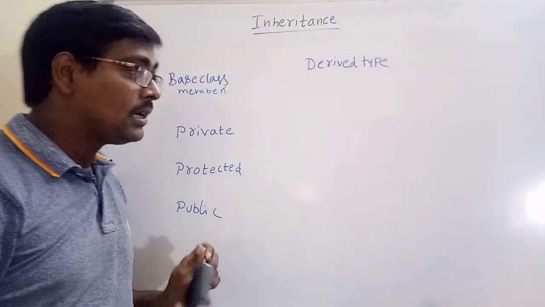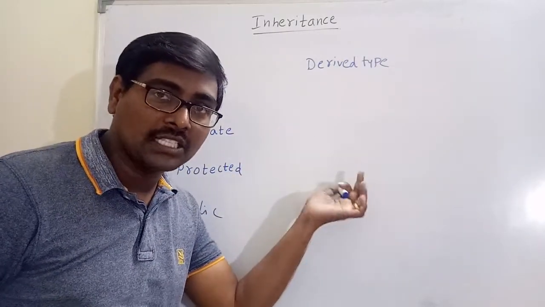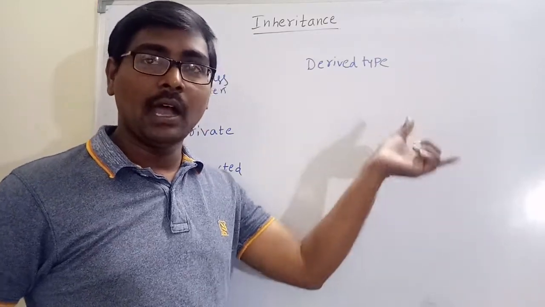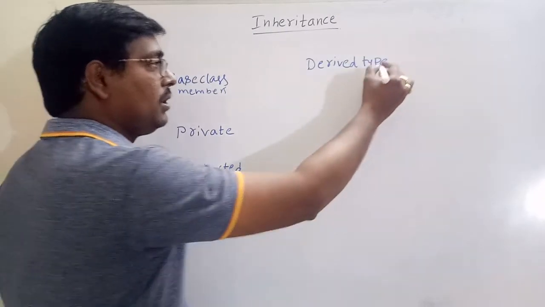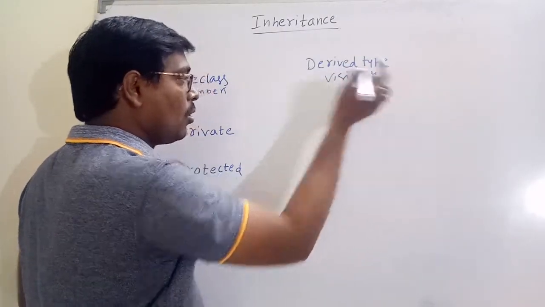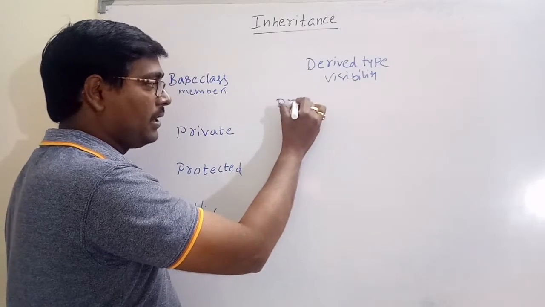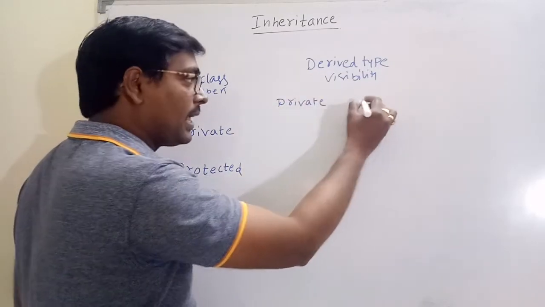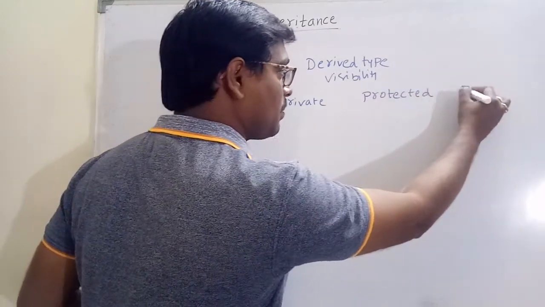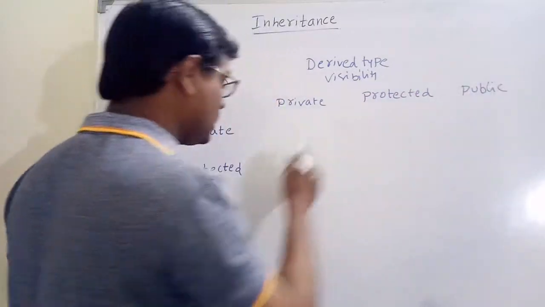As in the previous example, class B colon public or private or protected. For the derived type visibility, we can derive either privately, protectedly, or publicly. First of all, you should know the table.